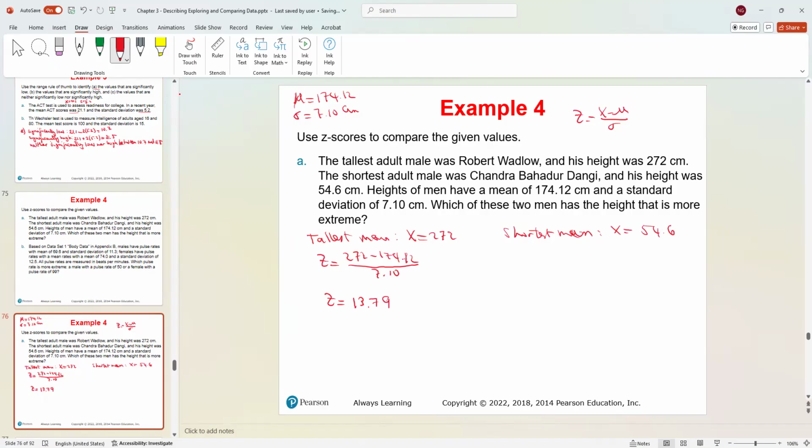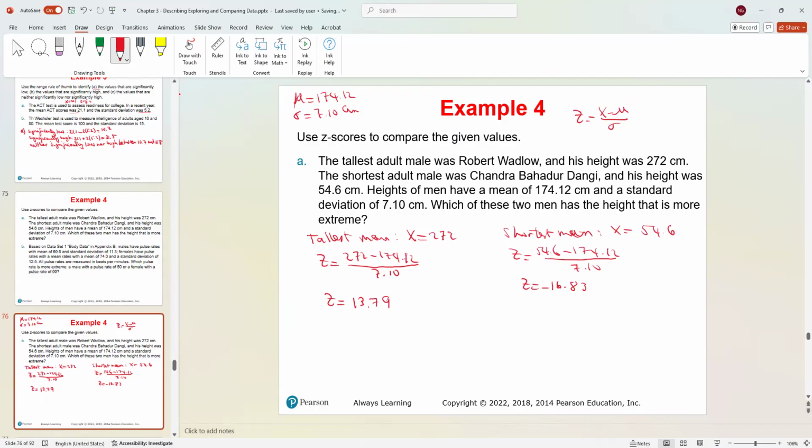So z would be 54.6 minus the mean, 174.12, over 7.10. Now, what is z in this case? We find z for the shortest man is negative 16.83. So Chandra is the shortest man, right?